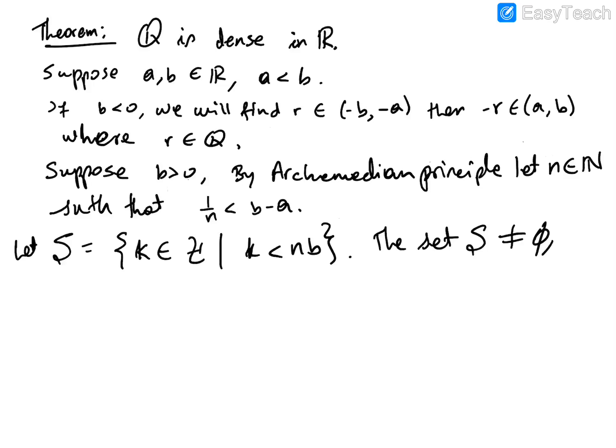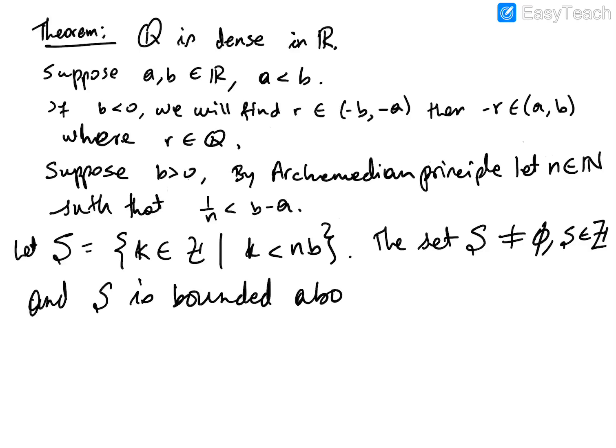Okay, S is a subset of the set of integers because we built that into the construction of S, and S is bounded above because we just have an upper bound nB.